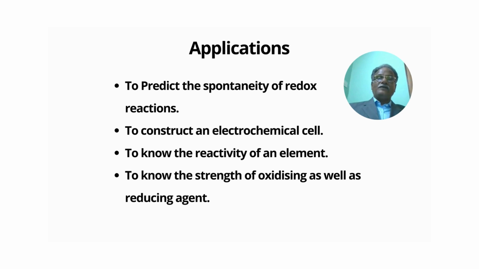Applications of the electrochemical series. Based on the electrochemical series, the following become easy for a chemist or physicist. It is useful to predict the spontaneity of a redox reaction, and it is useful to construct an electrochemical cell.